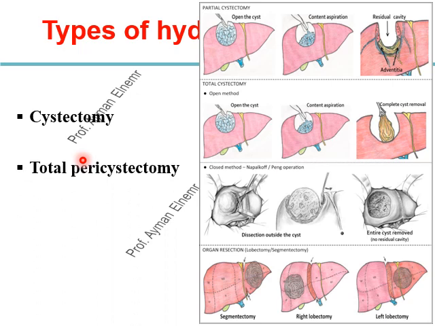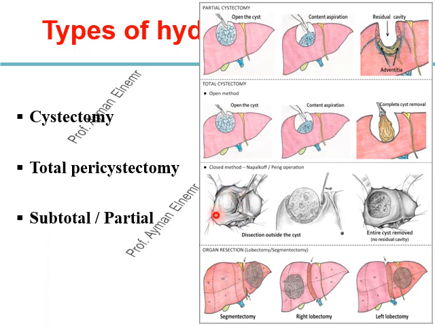This can be done by an open method. So this is a total cystectomy in which the germinal layer and the laminated membrane are removed after opening the pericyst. In total pericystectomy, the adjacent liver tissue is also removed with the cyst. So the 3 layers are removed.